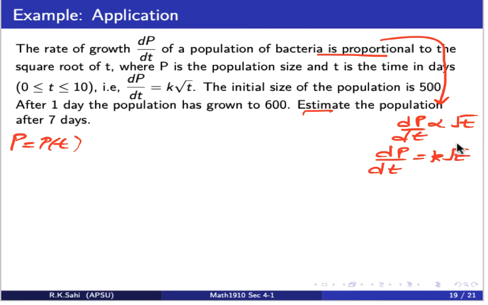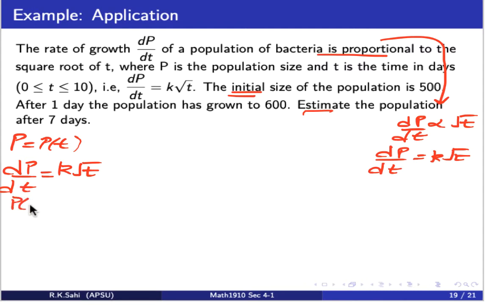So this is the problem, and we want to find the population after 7 days. We have to basically find P first. Okay, so let's do the math now. Let me write down everything which is given to us. dP/dt is k times the square root of t. We're also given that the initial size of the population is 500. What does that mean?